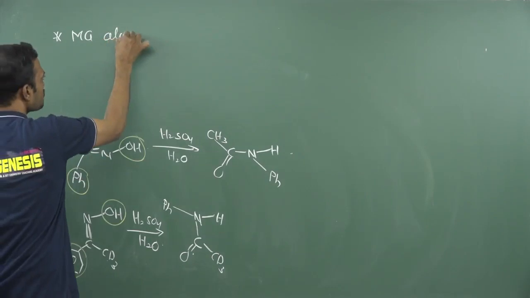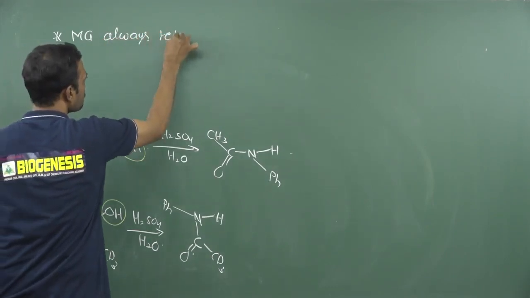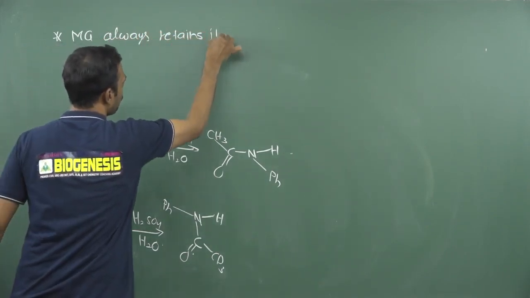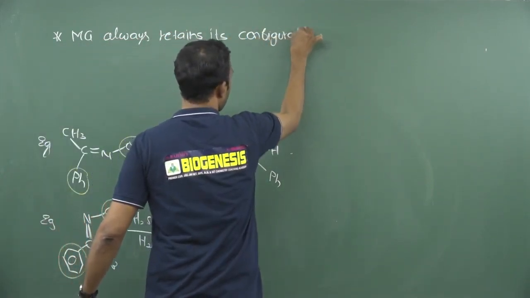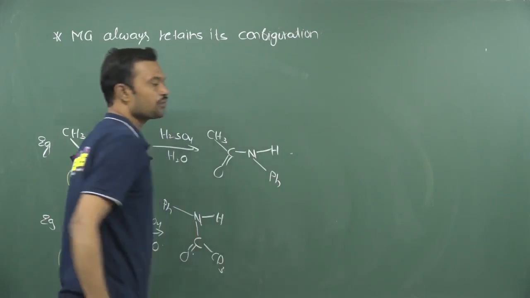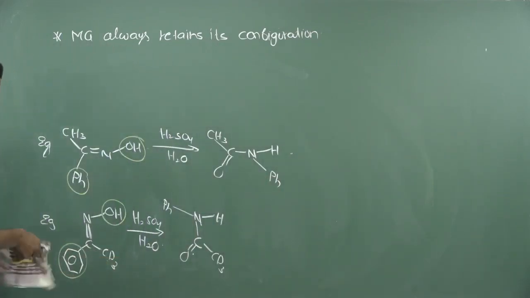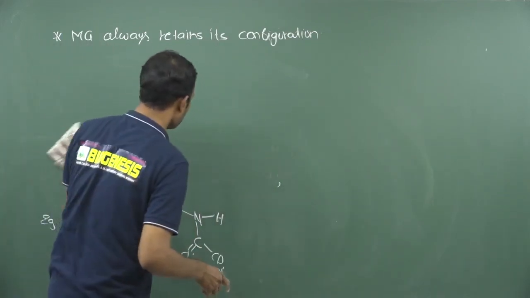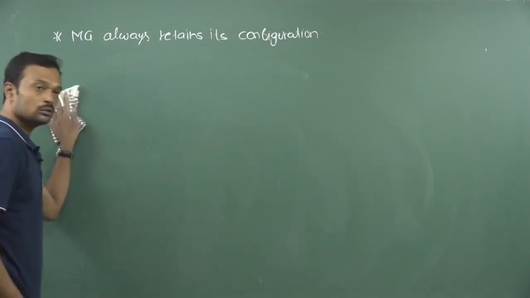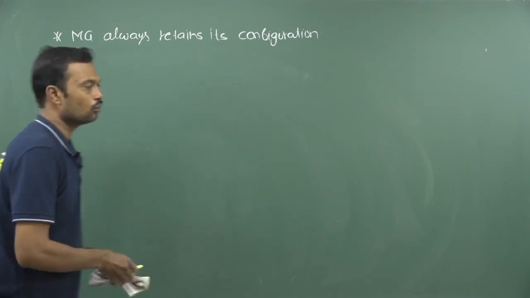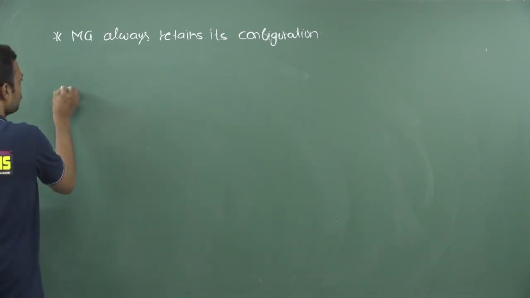The migrating group in this reaction always retains its configuration. Configuration is never affected in this reaction. Configuration is completely retained, meaning the orientation is completely fixed on that particular molecule. I will show what that orientation actually is.